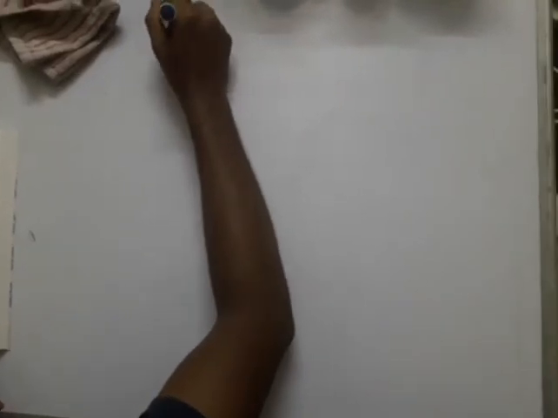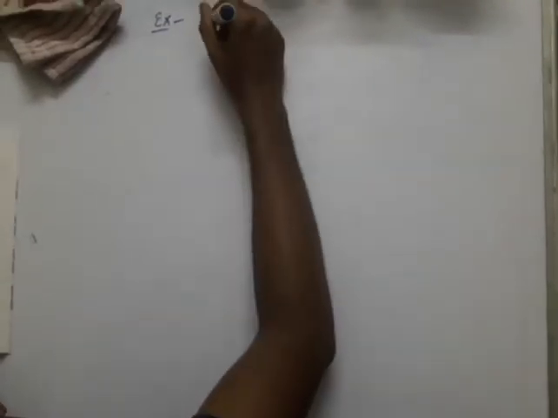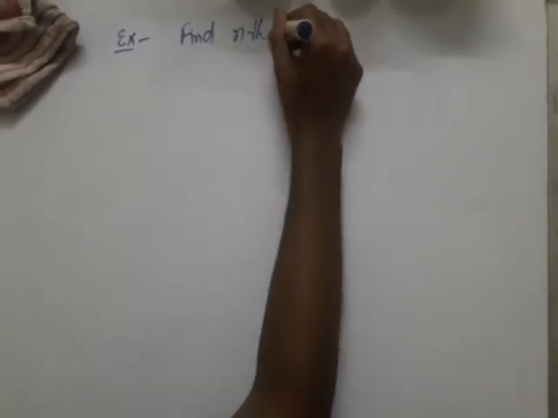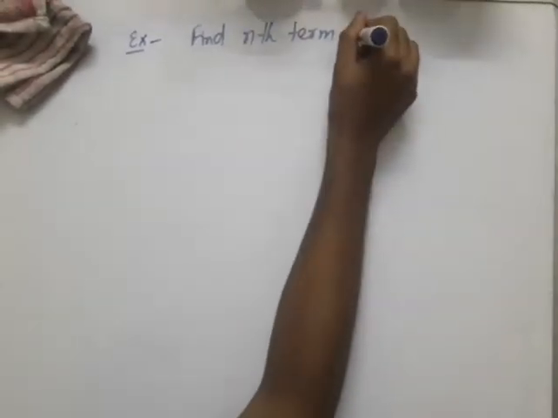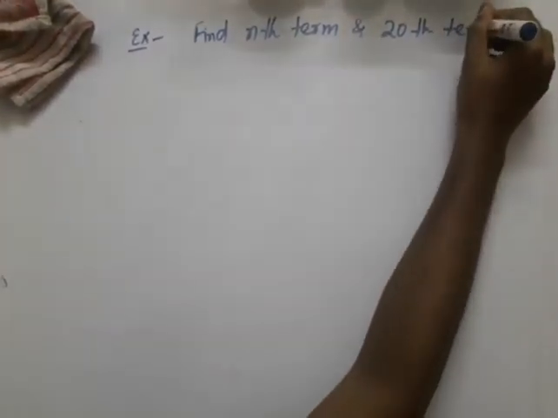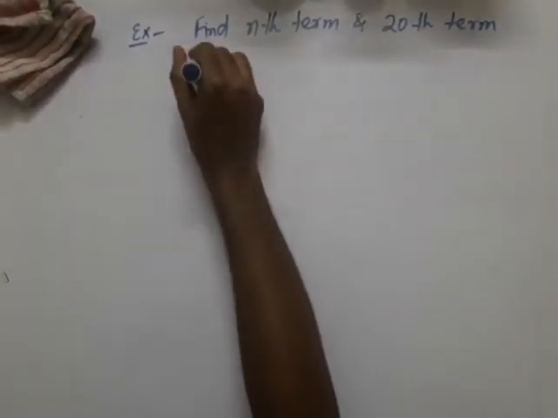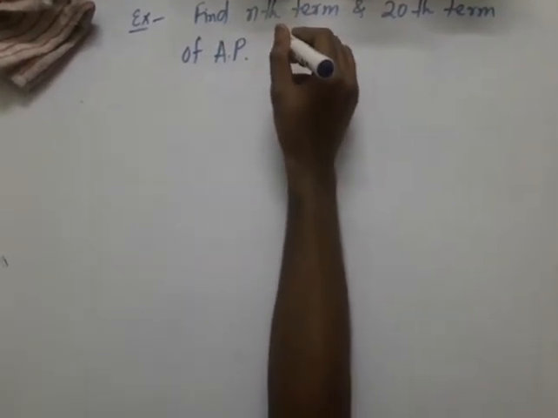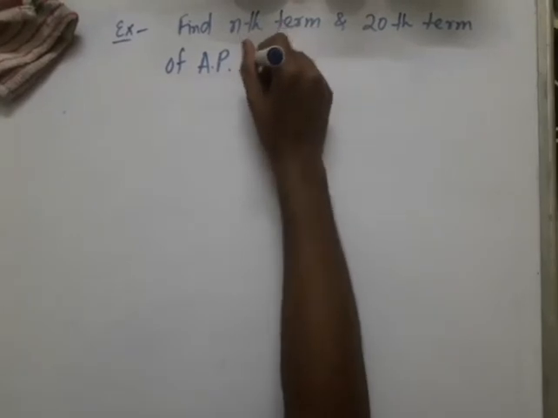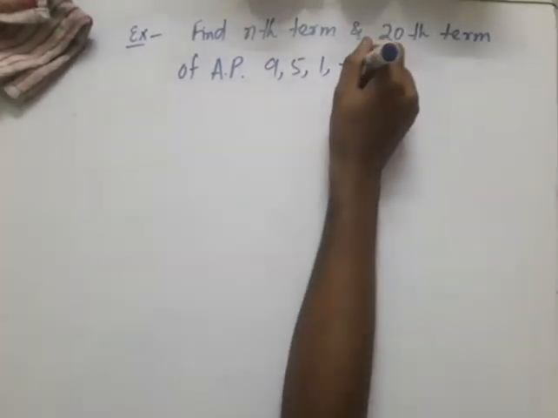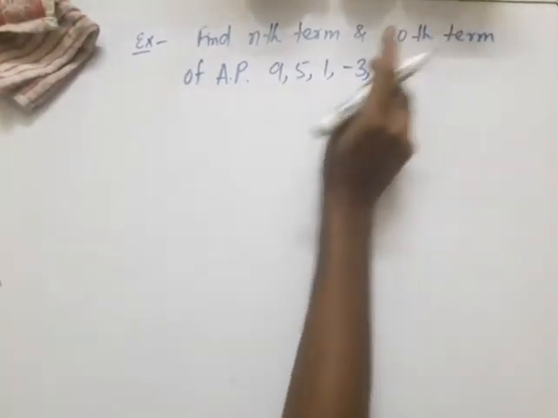It's given, find the nth term and the 20th term of AP. What is the AP? We have as 9, 5, 1, minus 3 and so on.